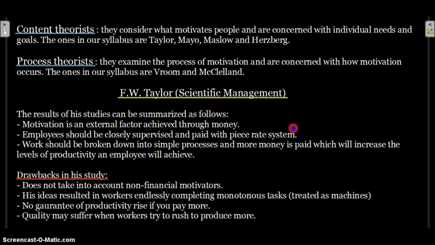However, of course, the quality was compromised. People rushed to make the quantity, so quality suffered, and not all employees were happy with it because they were treated like machines. Some didn't improve their work because they had set certain targets, that as long as we reach so many units we are fine, so they don't rush as much as others.